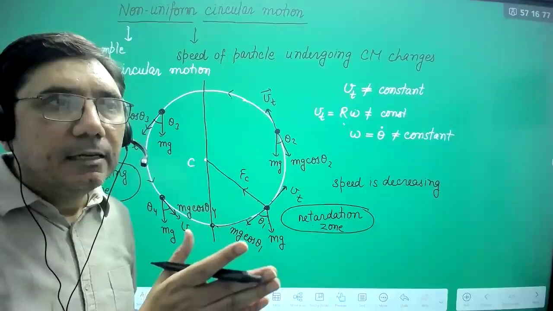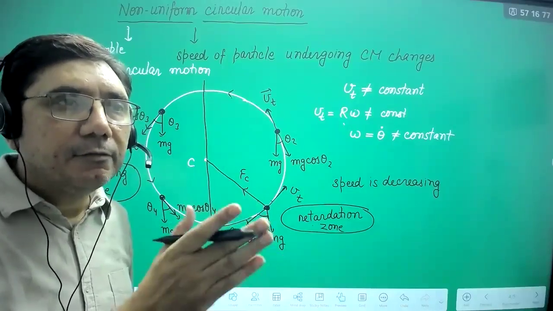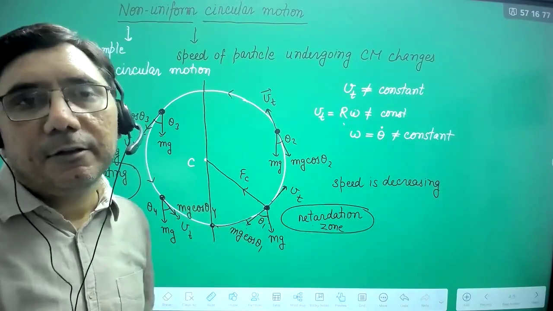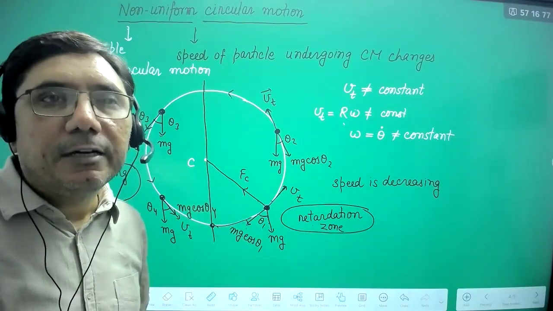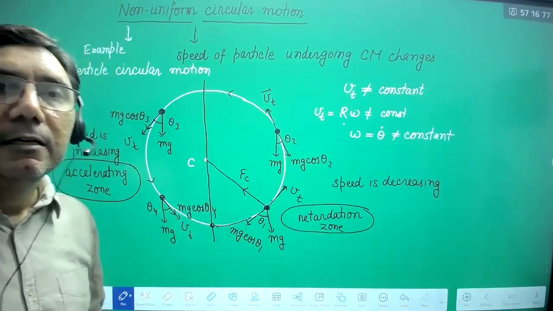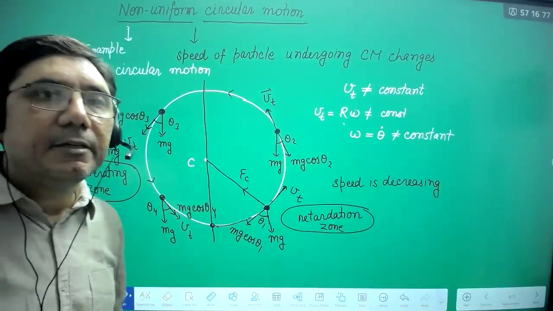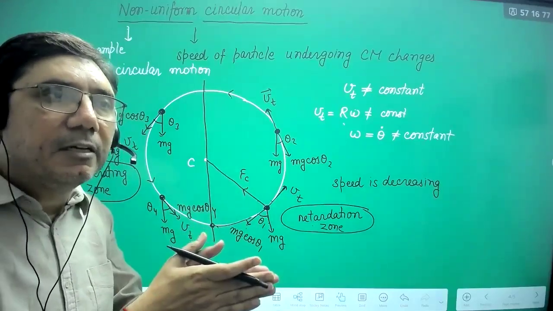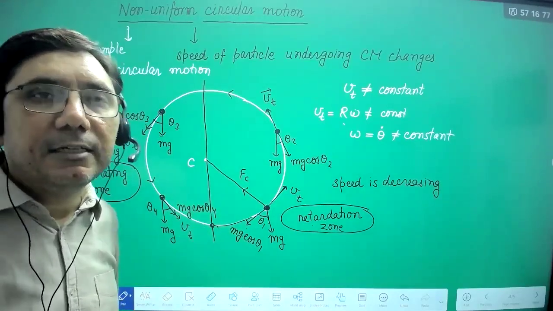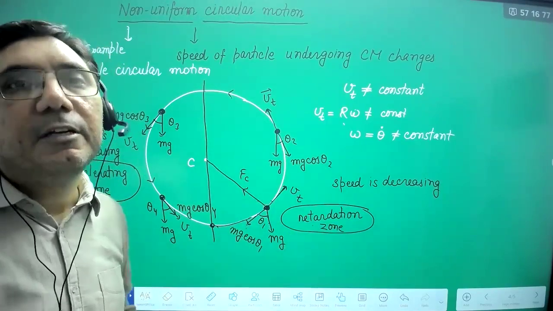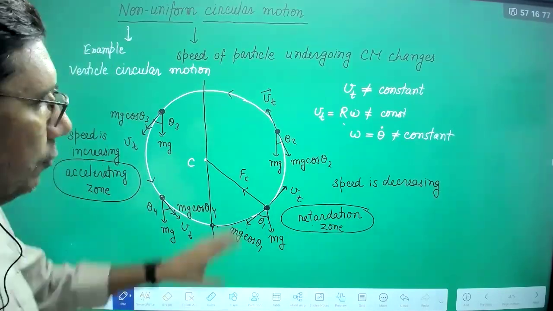As a result, there will be a component of this weight either parallel to the velocity or anti-parallel to the velocity. If the component of mg is parallel to the velocity, it will increase the speed. Acceleration zone will be there. And if the component of mg is anti-parallel to the velocity direction, then it is going to retard the motion. Speed is going to decrease.